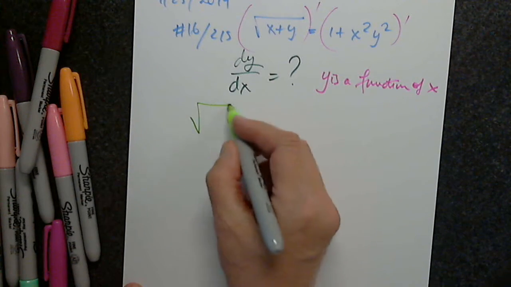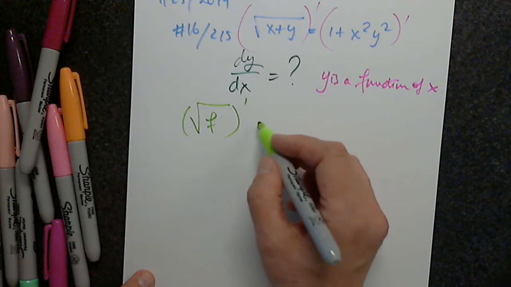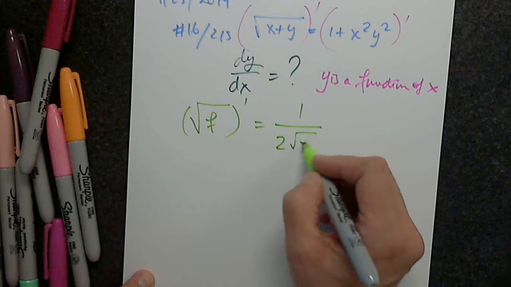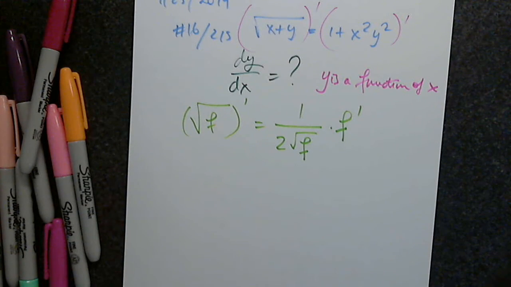Remember the differentiation rule. The square root of a function, prime, is 1 over 2 times the square root of the function multiplied by the function prime. That's the rule, correct? Yes? Good.